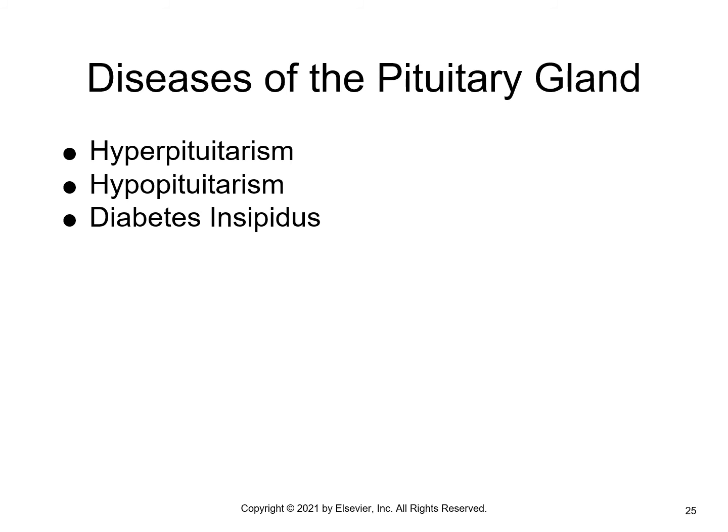pituitary gland or just a lazy gland, and this would result in decreased levels of TSH, aldosterone, your FSH, and your luteinizing hormone. Finally, there's diabetes insipidus, and diabetes insipidus has nothing to do with sugars, believe it or not. Diabetes insipidus is a result of low aldosterone production.